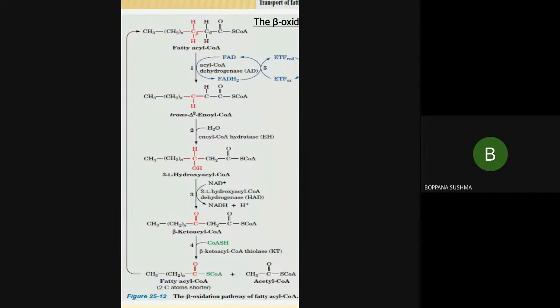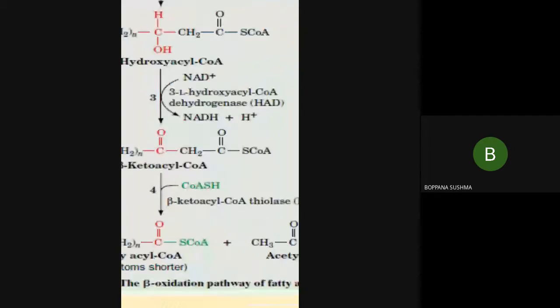C double bond O is a functional group, so we don't give it a number. Hydrogen is attached to the CH group, and OH is attached to the second carbon atom. That is called the hydration step. In this step, trans delta 2 enoyl CoA is converted into beta hydroxy acyl CoA.